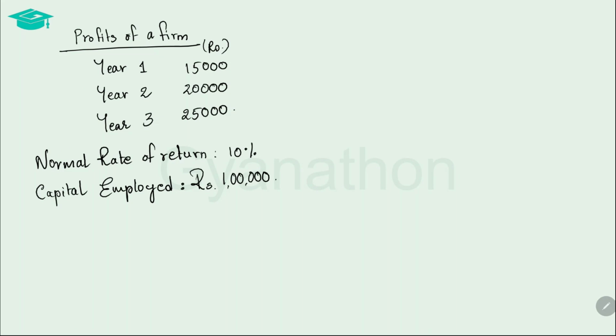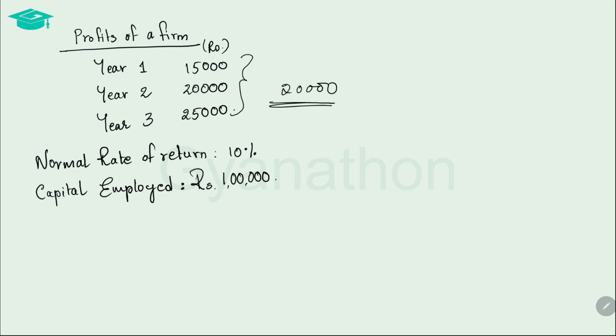Let's take an example here. The profits of a firm are 15,000, 20,000 and 25,000 for the past 3 years. The normal rate of return for the firm's business is 10% and the capital employed by the firm is 1 lakh. Now here the average profit is 15,000 plus 20,000 plus 25,000, that is 60,000, divided by 3, that is 20,000.